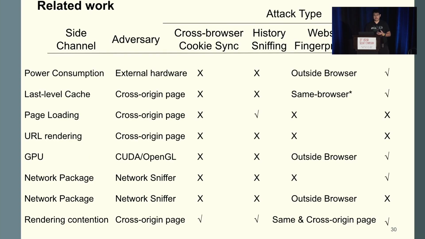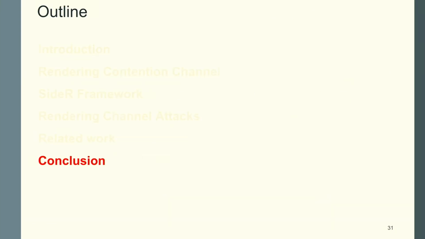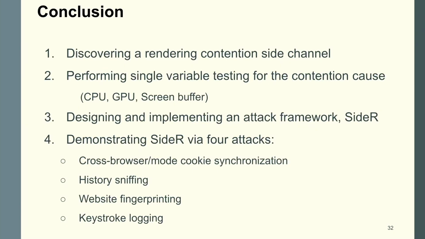For the related work, we list the previous side channels, and our channel is at the bottom. We use the cross-origin page. And for the previous side channels, none of them can finish 4 attacks, and our side channel can finish all of them.